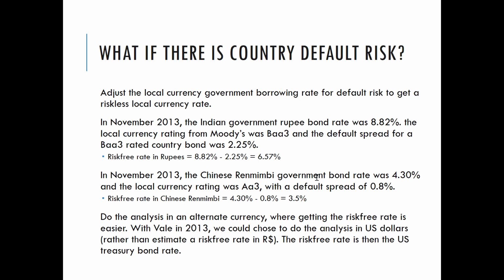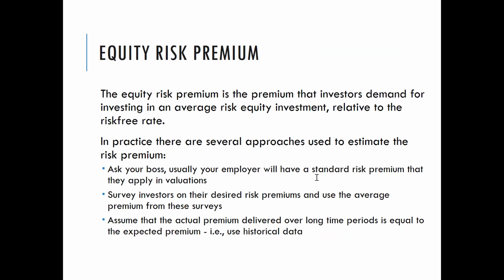And if we go through the spread table, that credit rating was associated with a spread of 2.25%, which means that in order to get the true underlying risk-free rate in Indian rupees, you actually need to subtract it from the observed government bond rate. So the risk-free rate is actually lower than what the government is paying, because they're paying in excess of it to compensate for default risk. So again, that's really the main thing that we have to consider when we estimate the risk-free rate.